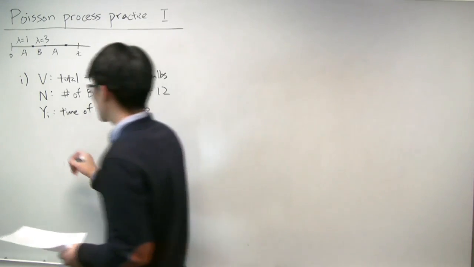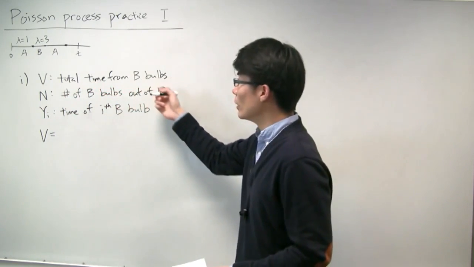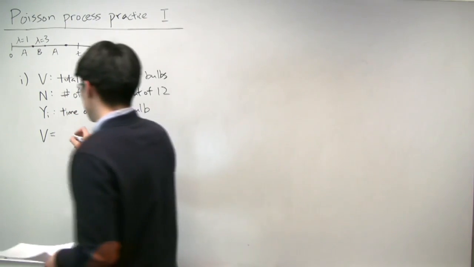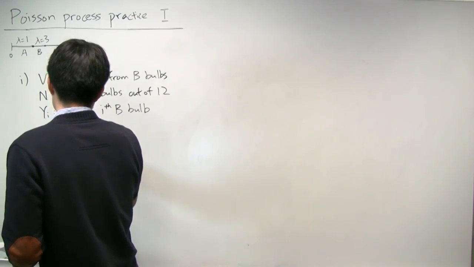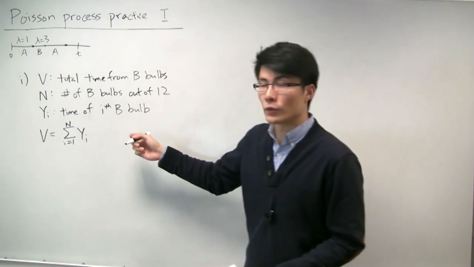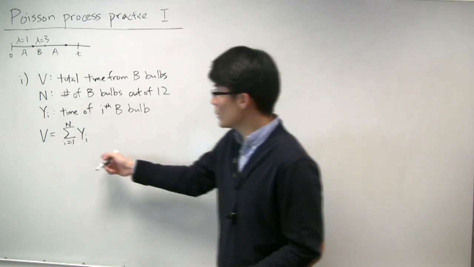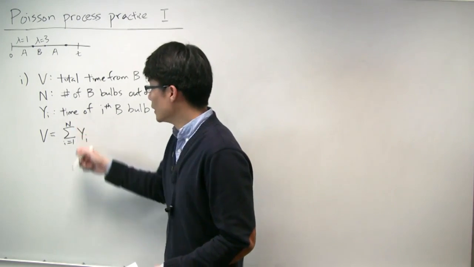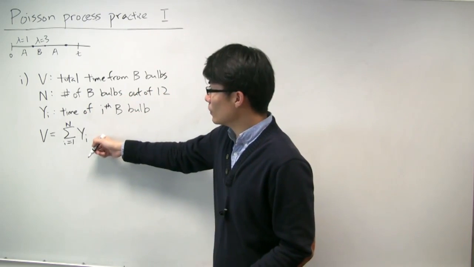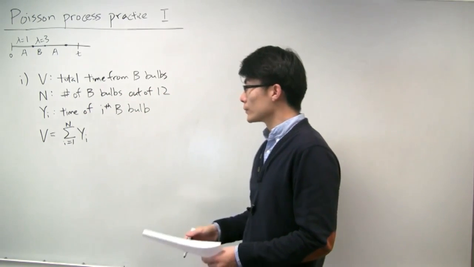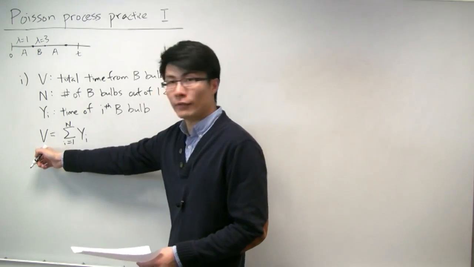Given that, what we know is that V, the total time from B bulbs out of these 12, is going to be a sum of these individual times from each individual B bulb. It's the sum of yi from i equals 1 to n. But notice that n itself is a random variable. So what we have is a sum of a random number of random variables. And what the problem asks us to find is the expected value and variance of V.